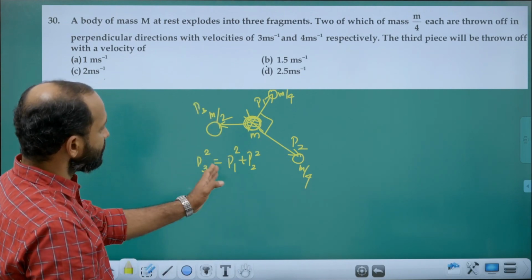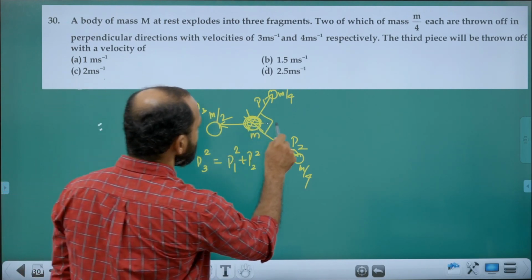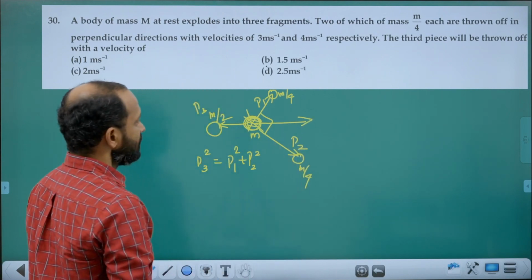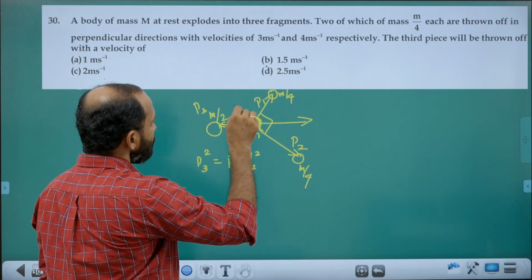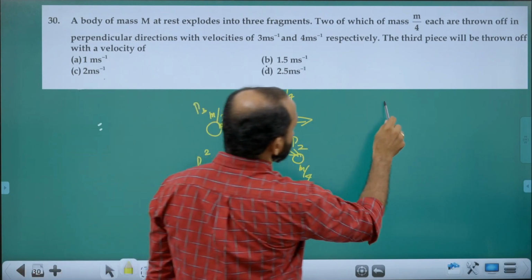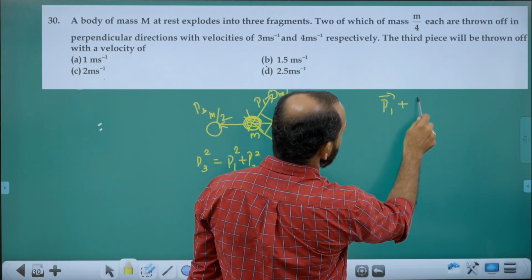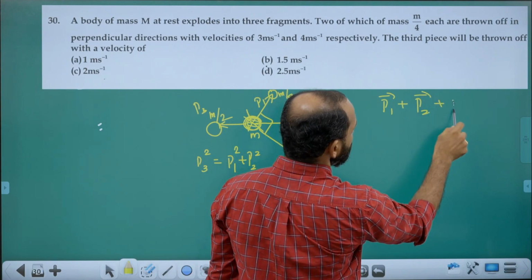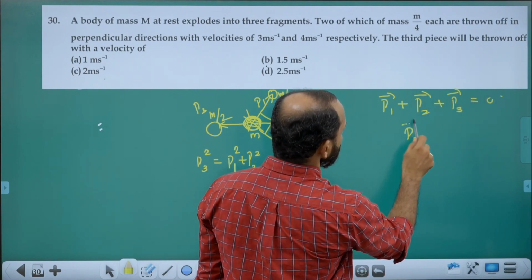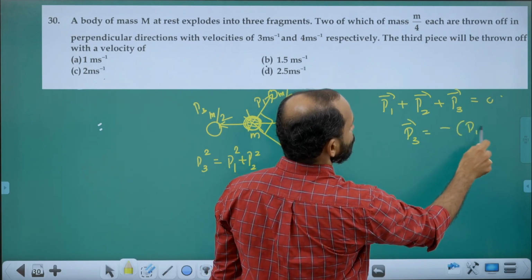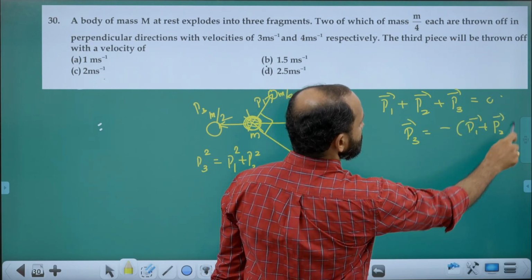P3 square equals P1 square plus P2 square, because this is the direction of the resultant momentum. For the resultant momentum to be 0, vector P1 plus vector P2 plus vector P3 equal to 0. For that, vector P3 equals minus of vector P1 plus P2.